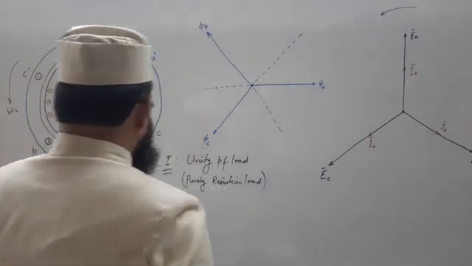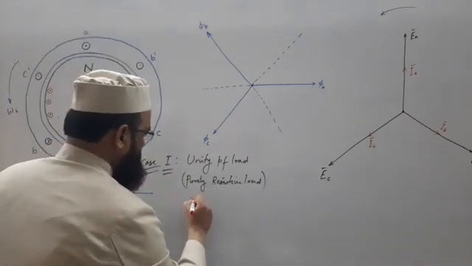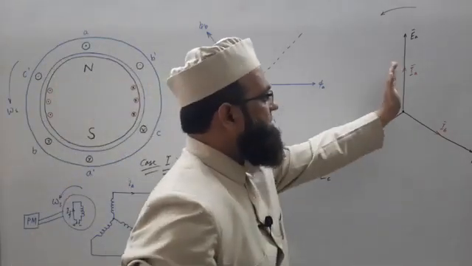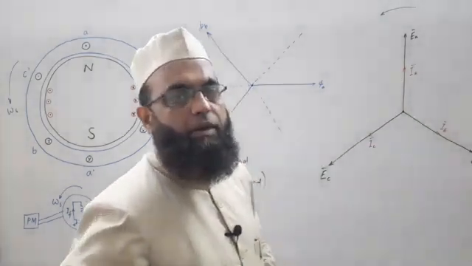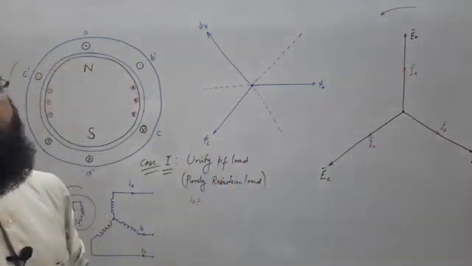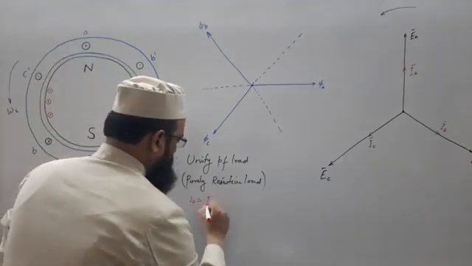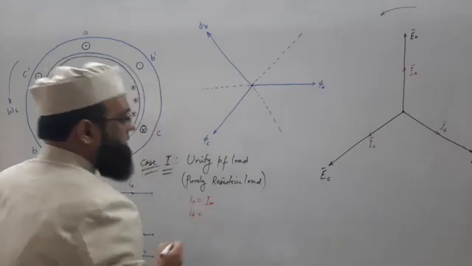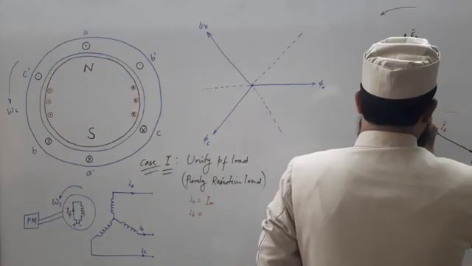what will be IA? Let us write instantaneous values first. IA is along this, so the vertical projection will be Im. What about IB? Let us take the vertical projection.